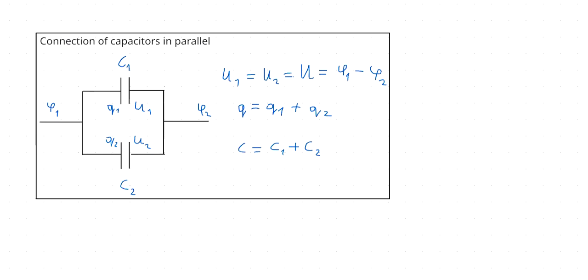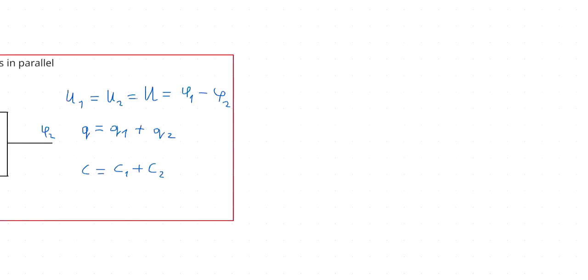So here we have the formula for connection of capacitors in parallel. And the second important type of connection of capacitors is the connection in series. Okay, let's have a look at this.